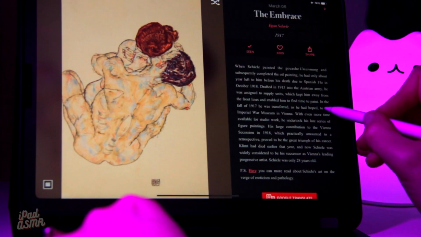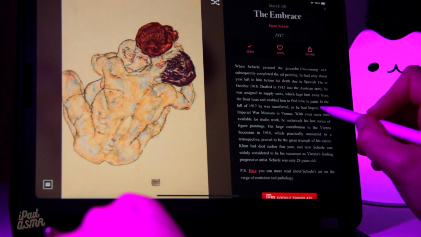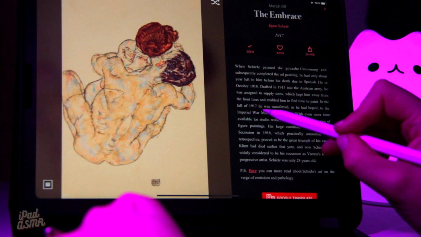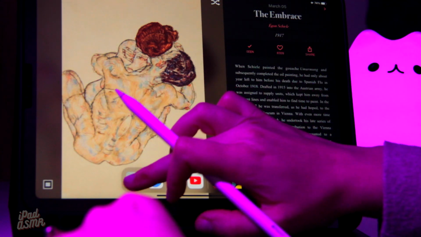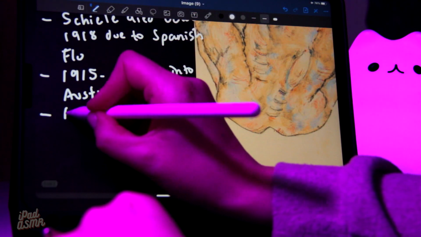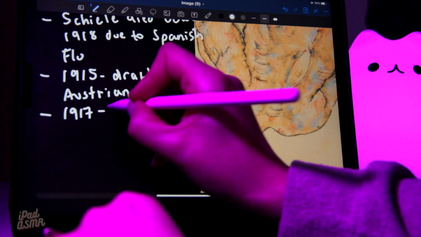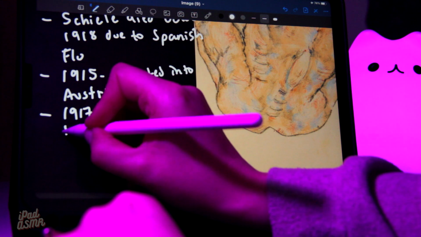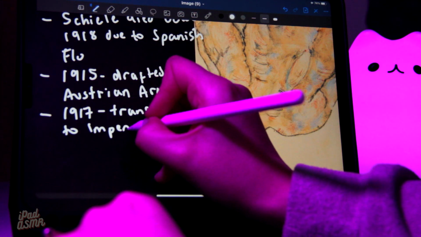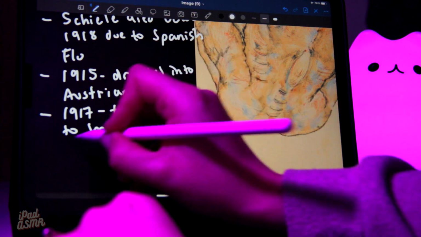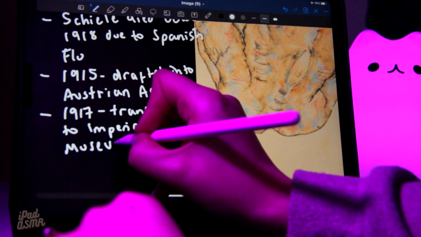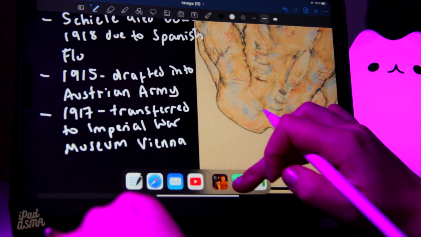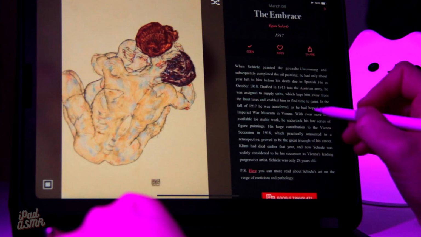In 1917 he was transferred to the Imperial War Museum in Vienna. Transferred.